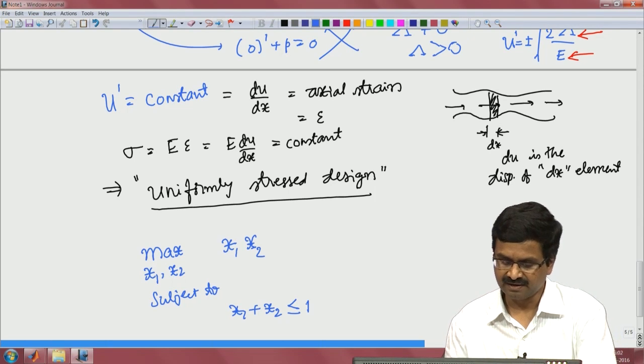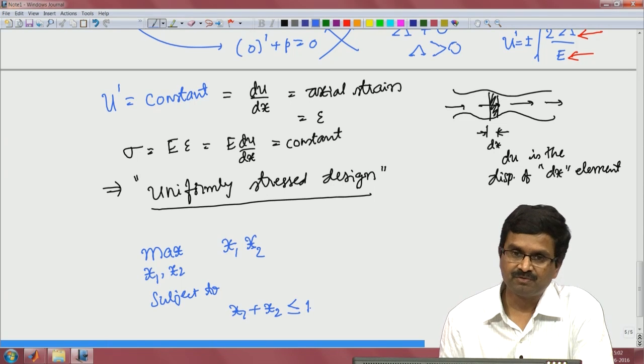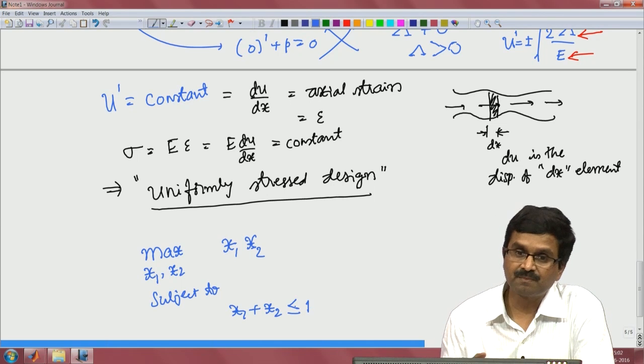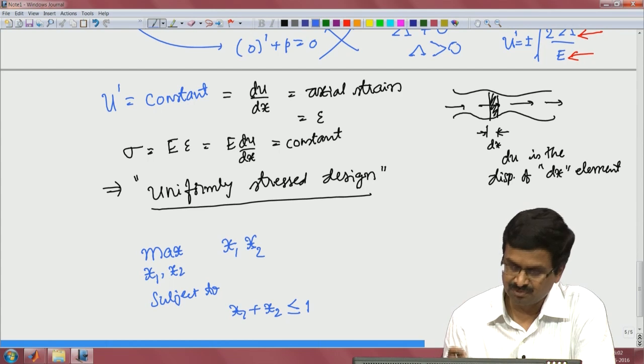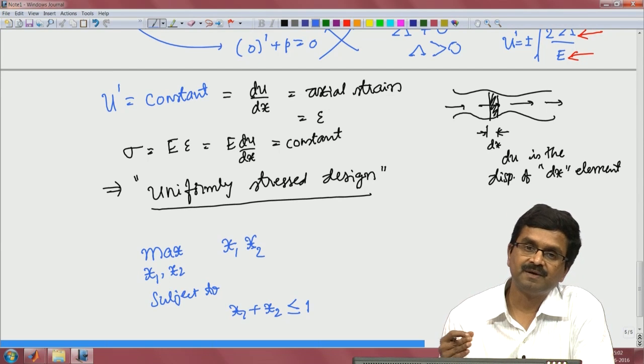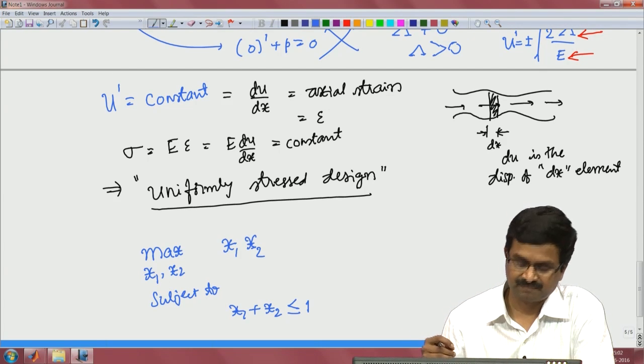In this case, when it is less than or equal to, you might as well use up all of the 1 that is given, that is, you will choose x1 and x2 such that their sum equals 1 and not less.